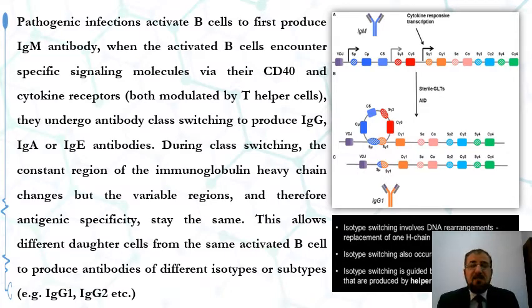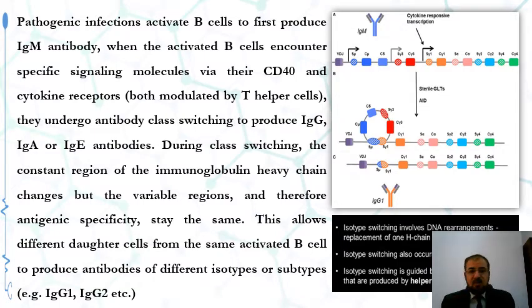This help is in the form of signals via the CD40 molecule, which is one of the important co-receptors for the B lymphocyte, or through cytokine receptors. So the CD4 positive T lymphocyte produces different interleukins that may affect the ability of the B lymphocyte to switch the isotype from IgM to IgG, IgA, or even IgE antibodies.